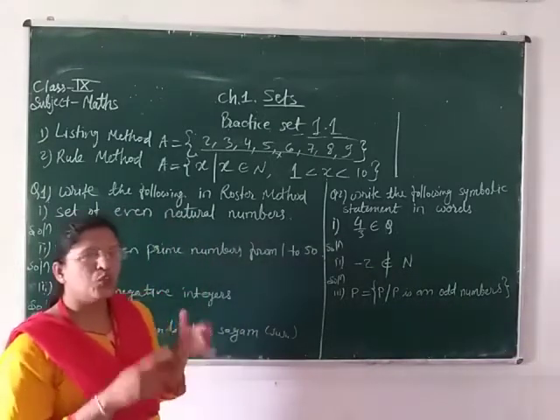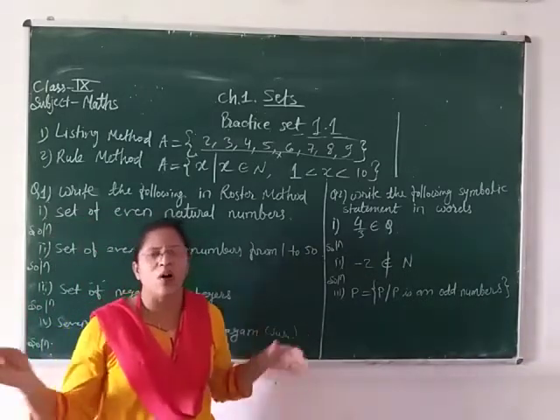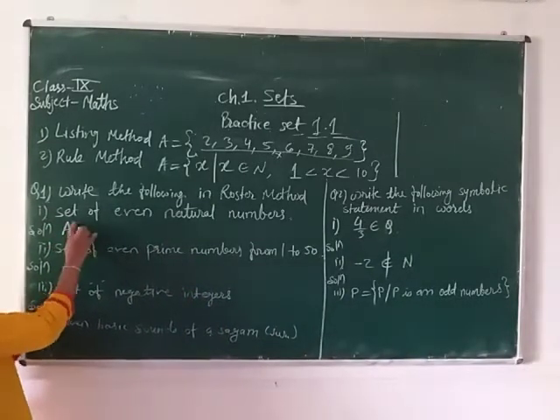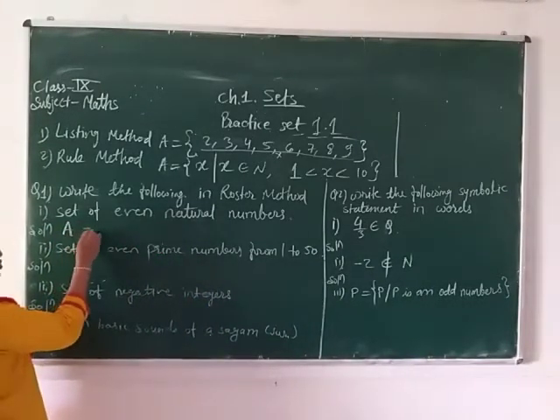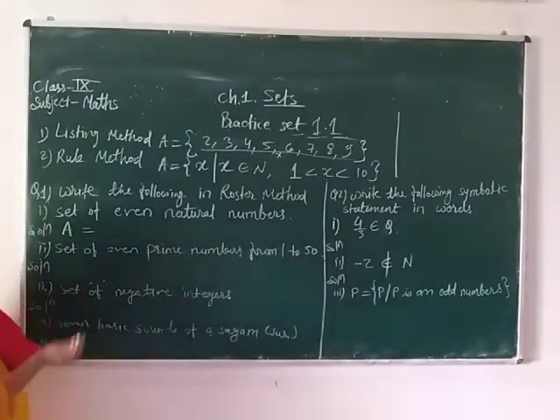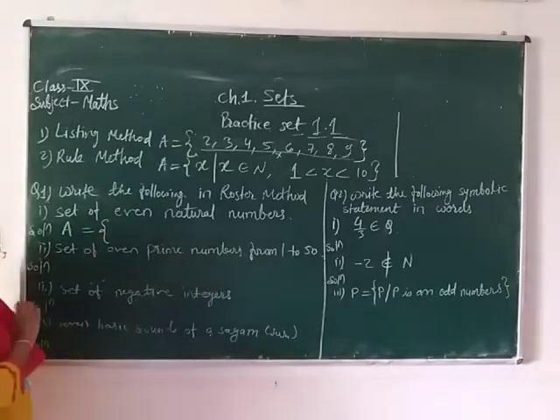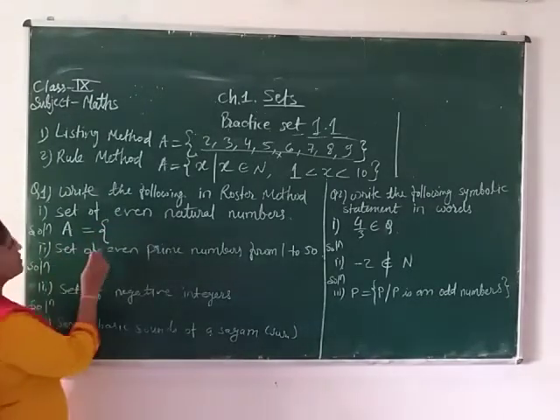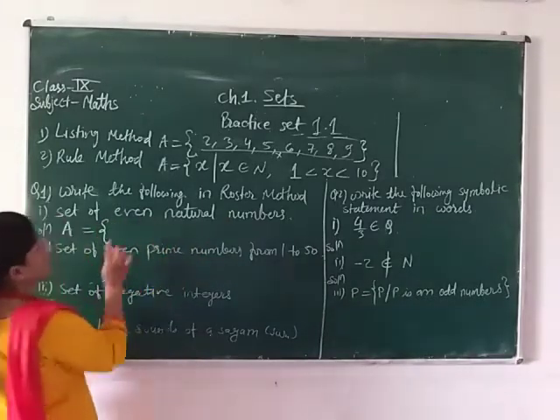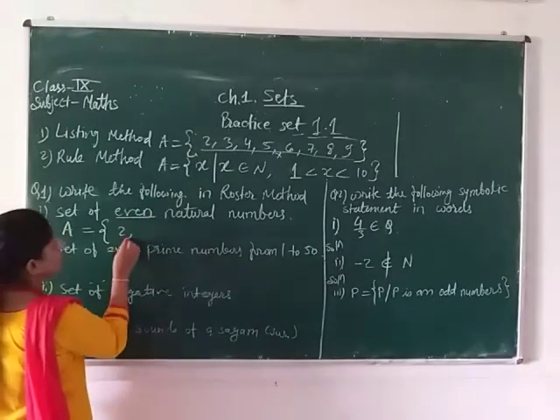What are they? 2, 4, 6, 8 and so on. Give the name of this set: A equals, you can give any letter as the name, curly bracket, the even natural numbers 2, 4, and so on.